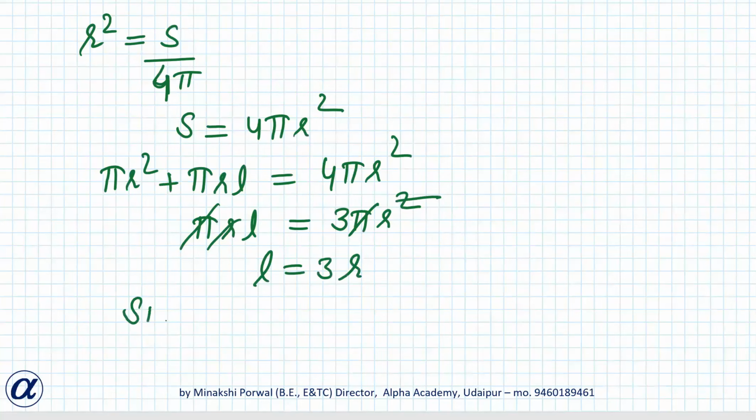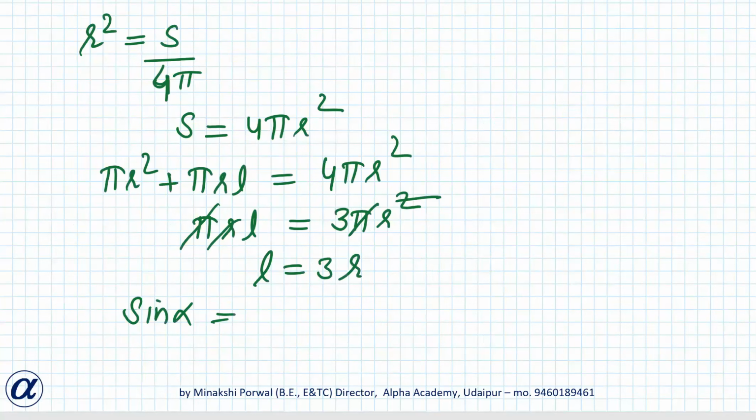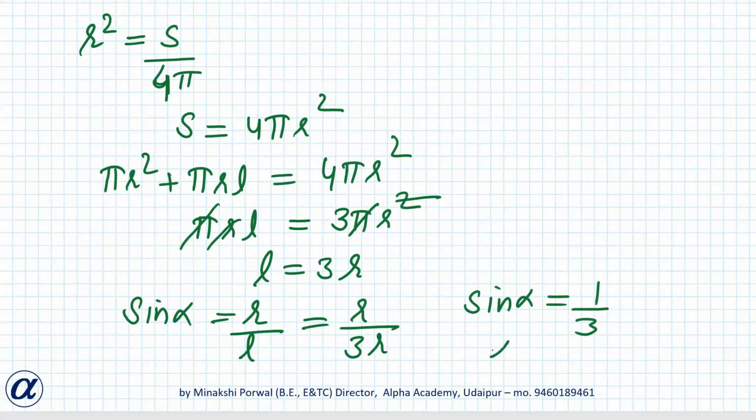Now from the figure, in the right triangle, sine alpha is equal to r upon l, perpendicular upon hypotenuse. With l equal to 3r, sine alpha equals 1 by 3, or alpha equals sine inverse 1 by 3. Hence proved.